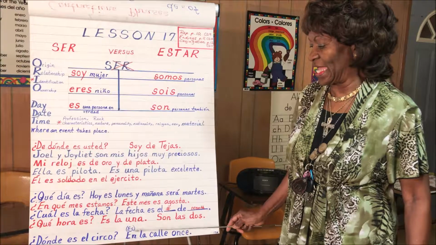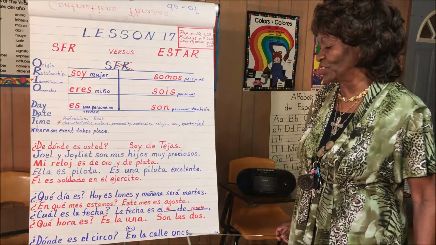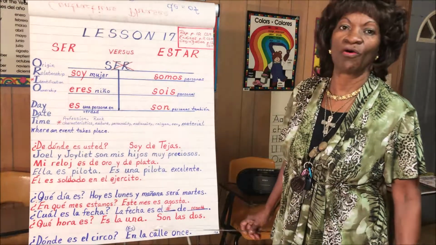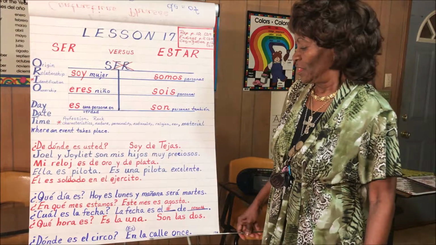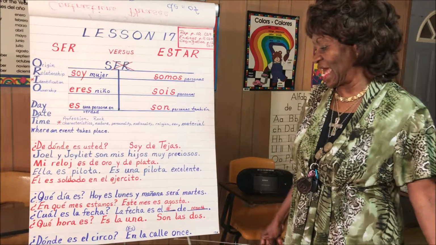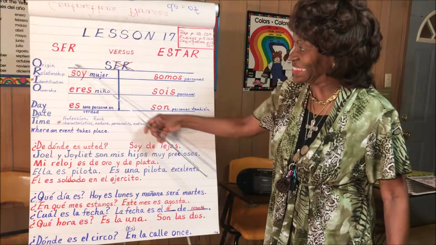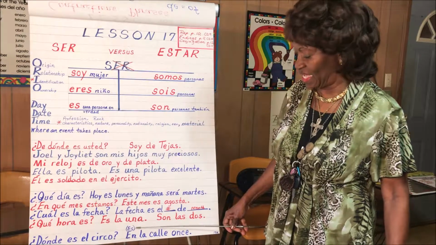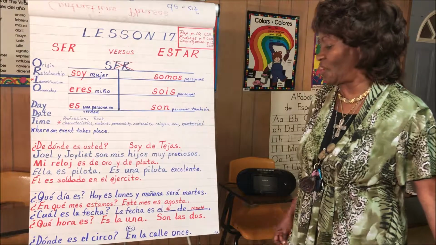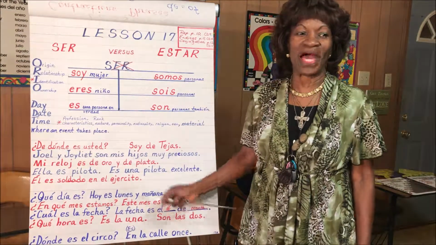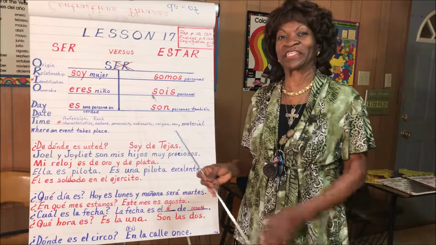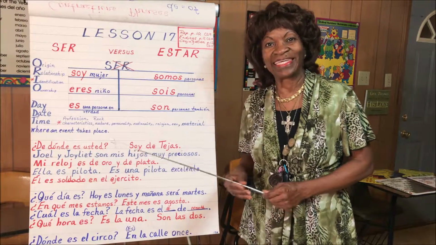And you could say es en la calle 11. It's on 11th Street. You would say en la calle 11, but I want you to know that we're still using the verb ser, which is es. So es en la calle 11. Alrighty? I think you probably understand that pretty well, okay?